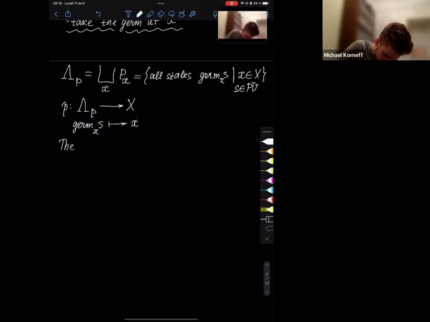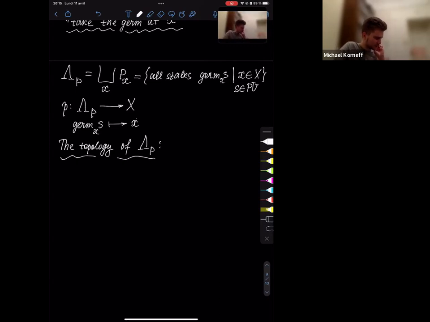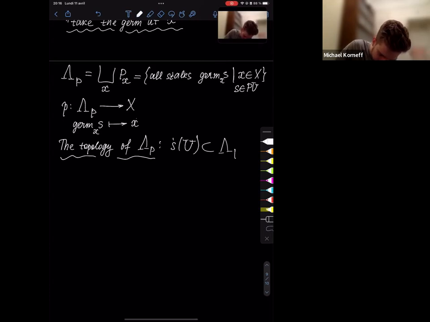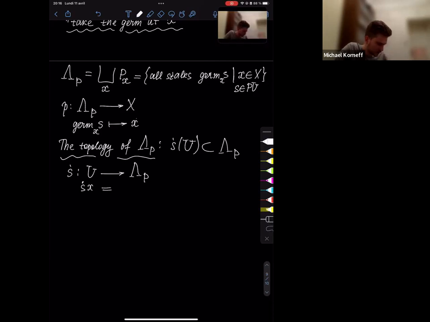The topology of Lambda P. We say that the following sets form a basis of the topology. s dotted is just the following map from open U to Lambda P, such that s dotted of x equals germ s at x.